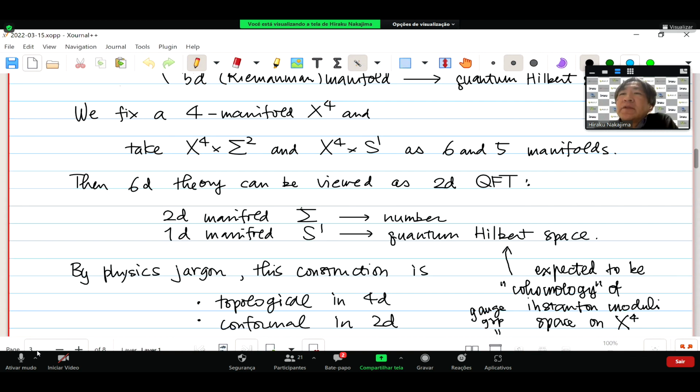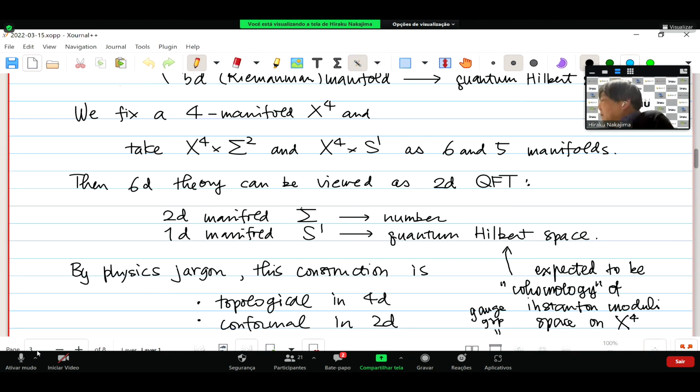One of the problems in this construction is that I assign a vector space to S1, and as I said, I expect some number or function assigned to a Riemann surface, but somehow I don't see at all what is S1 and what is Sigma in the four-dimensional gauge theory.